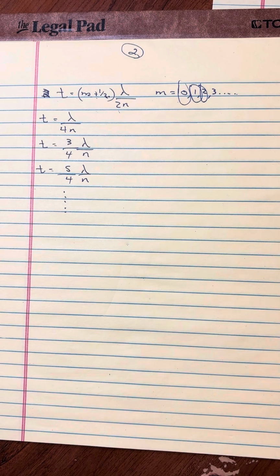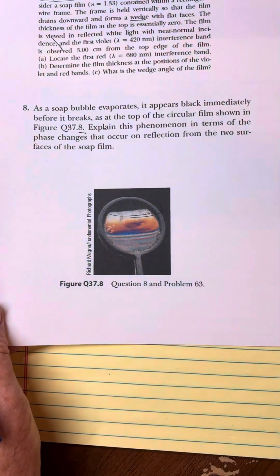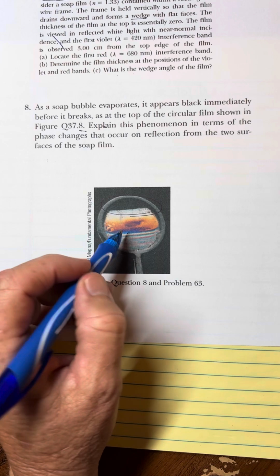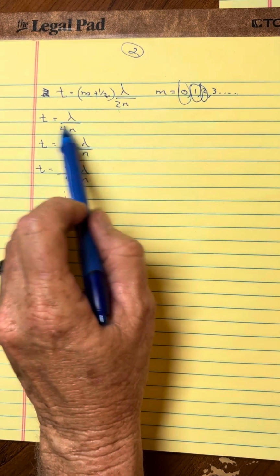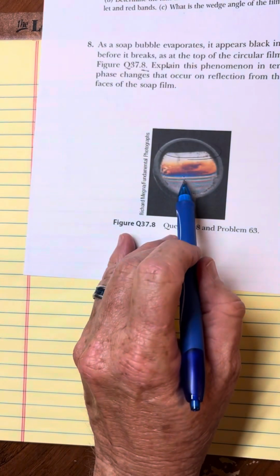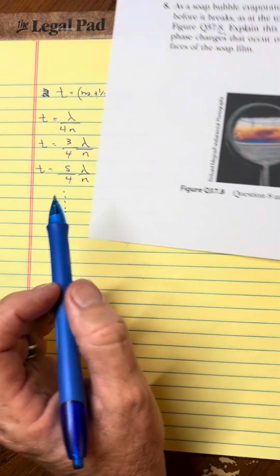And so as you can kind of see, the shortest wavelength would correspond to the shortest thickness. So there's kind of a blue or a violet.